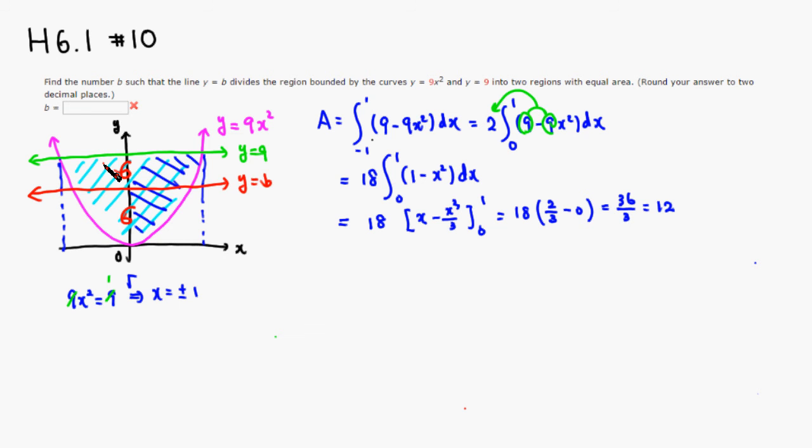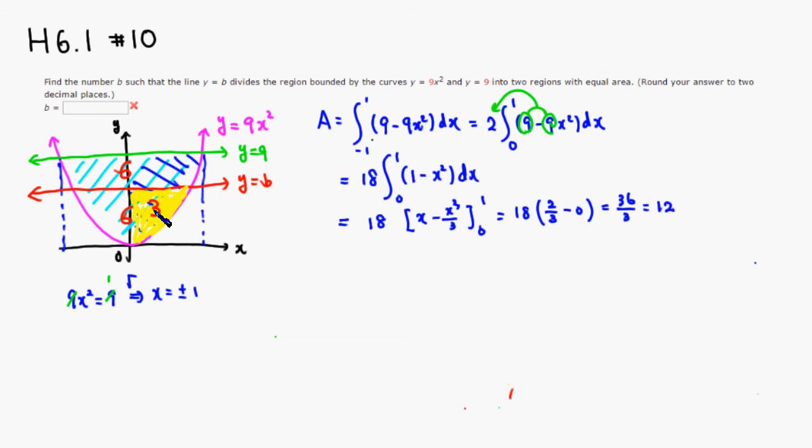If this is 6, then this region right here, which I'll shade with yellow, is half of 6. So this region should be 3. The area there should be 3.